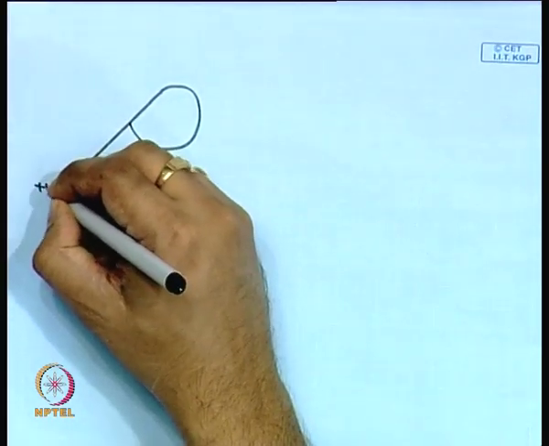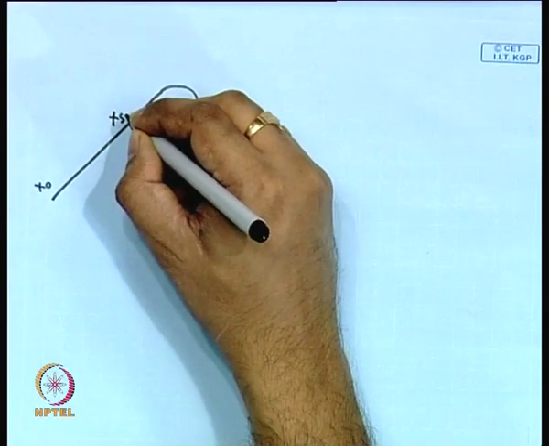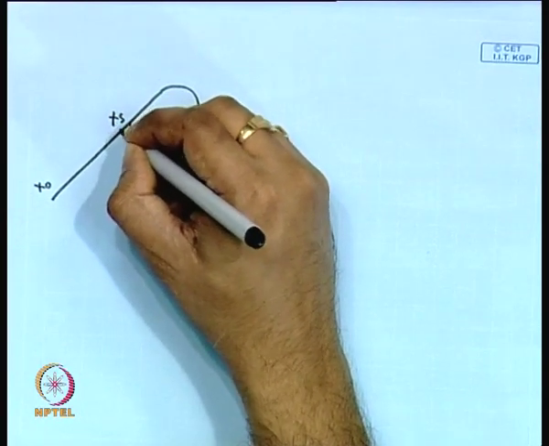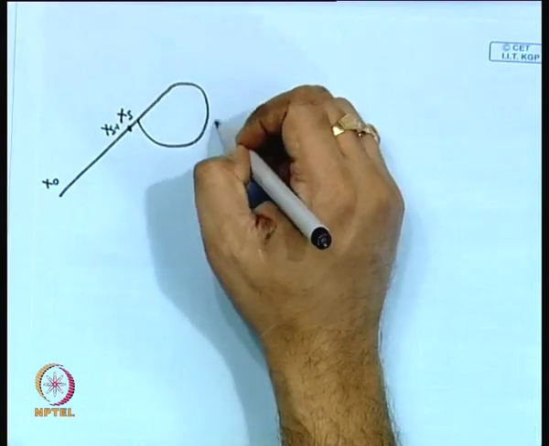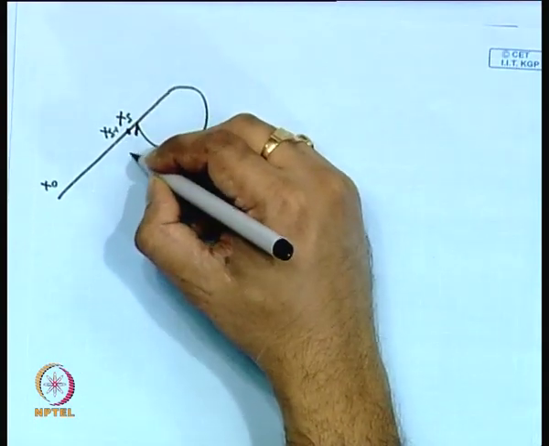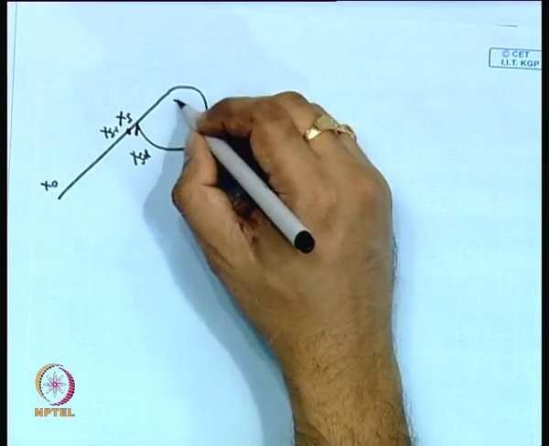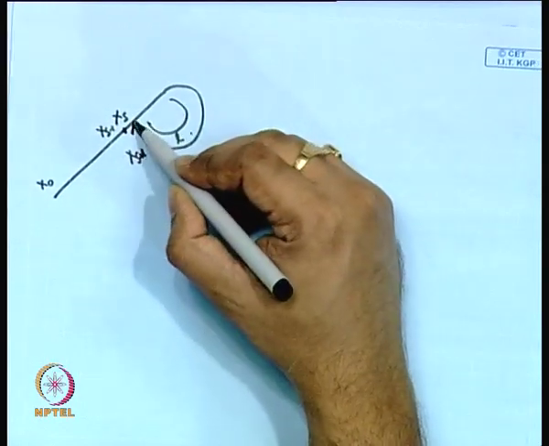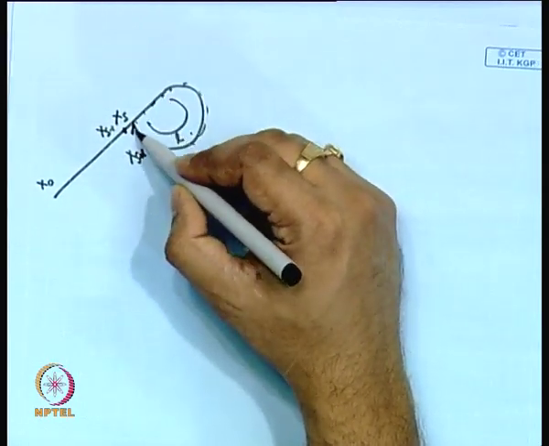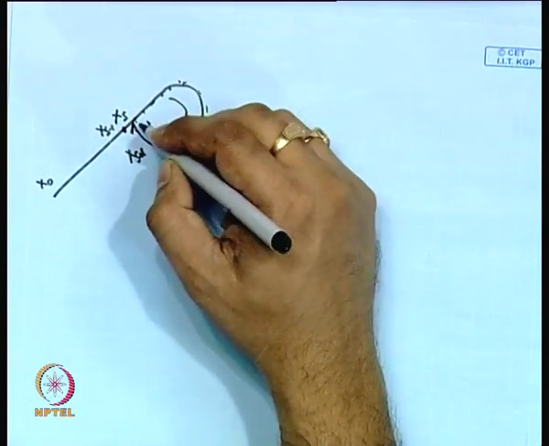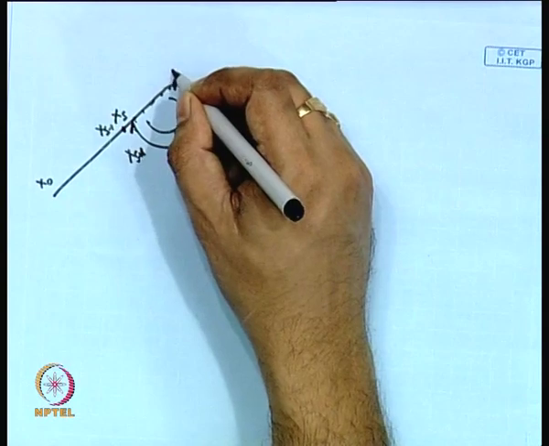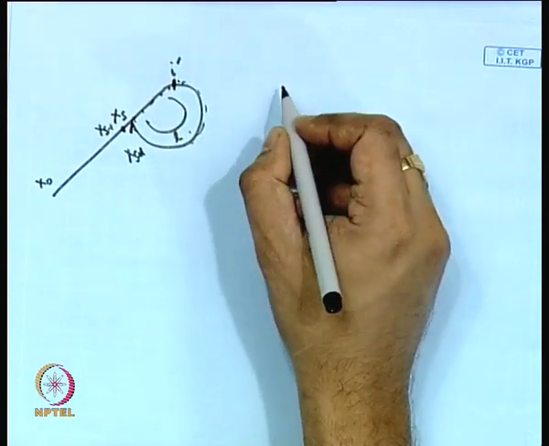You start from x0 and come till x_s, so suppose this point is x_{s-1} and this is x_s, and then this is again x_{s+L}. So the length of the cycle is L. There are L successive points here, and therefore you know immediately that among these L successive points there must be one point, call it i', which is divisible by L.